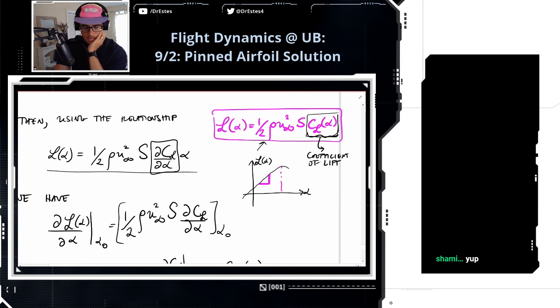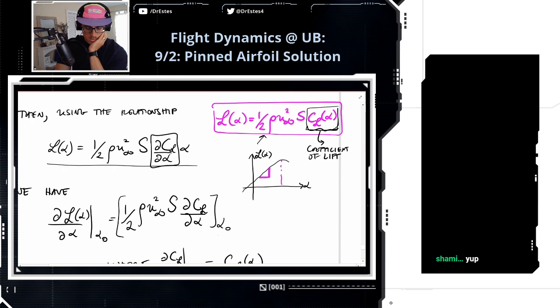So that means that lift is basically some constant times alpha, right? And this constant is the slope.